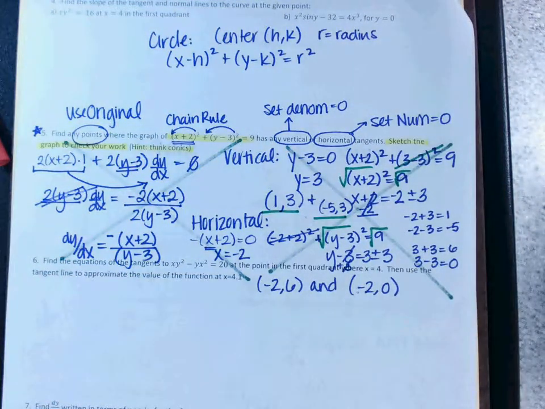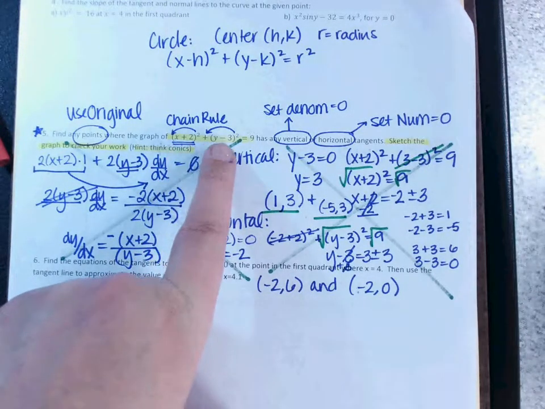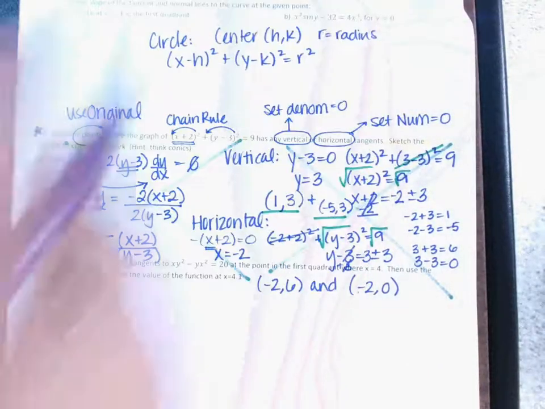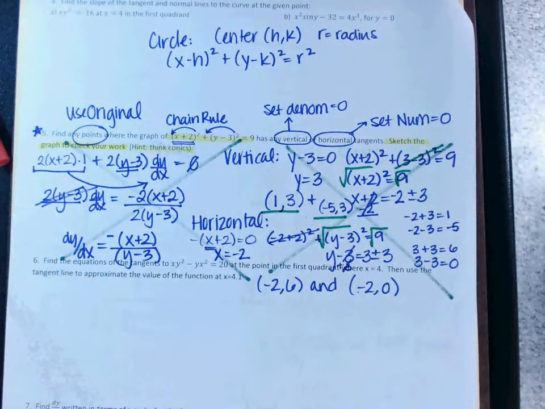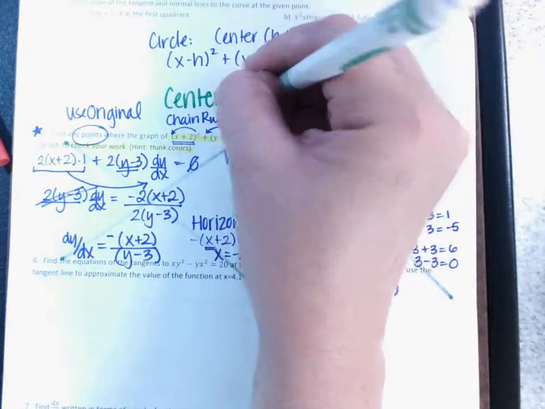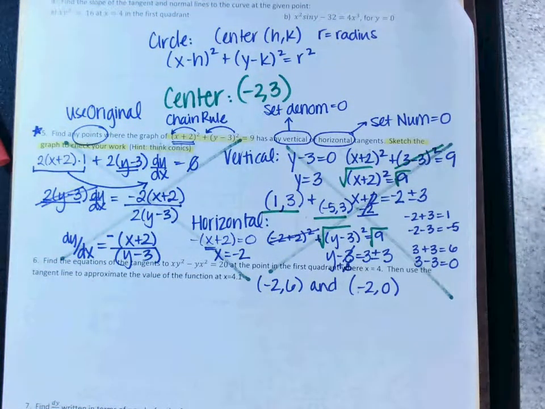So if I want to sketch a graph of this, I'm going to have to find my center first. Since there are negatives built into the formula, the center of my graph is going to be (negative 2, positive 3).